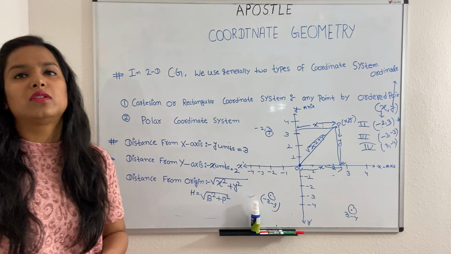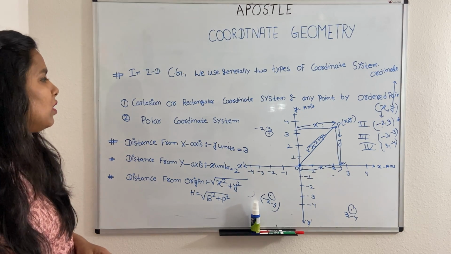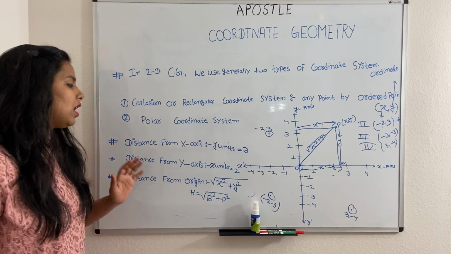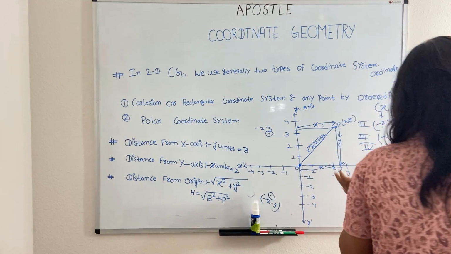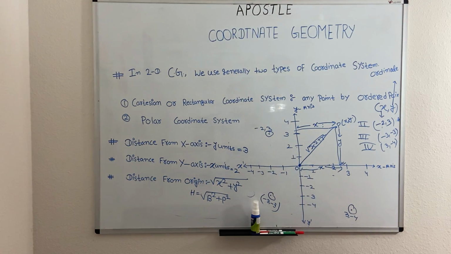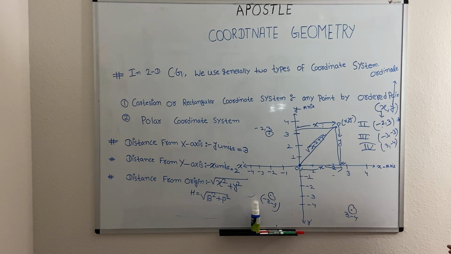Now I am proceeding towards a very important formula that we call the distance formula in coordinate geometry. I thought till here everything is clear. We discussed the Cartesian plane. The Cartesian plane is divided into 4 parts: quadrant 1, quadrant 2, quadrant 3 and quadrant 4.